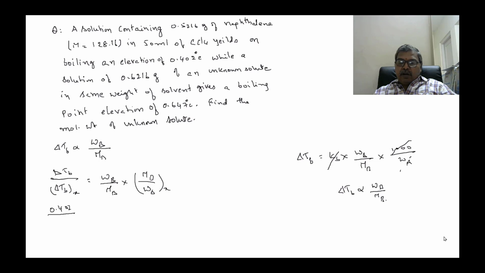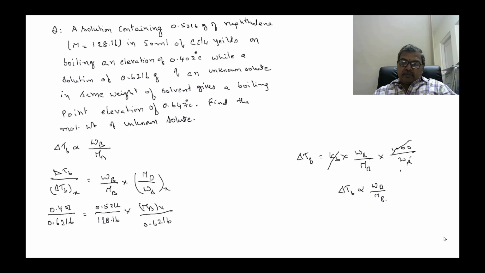What is the elevation in boiling point in case of the unknown solute? 0.647. Now, the weight of the solute naphthalene is 0.5216, by its molecular weight, given as 128.16, into the molecular weight of the unknown solute by the weight of the unknown solute, 0.6216.